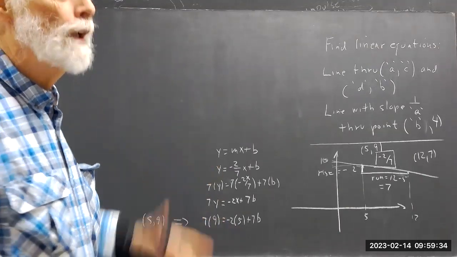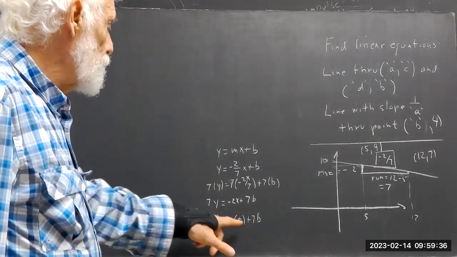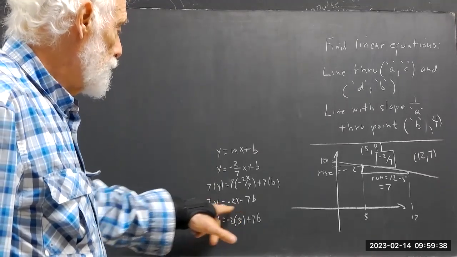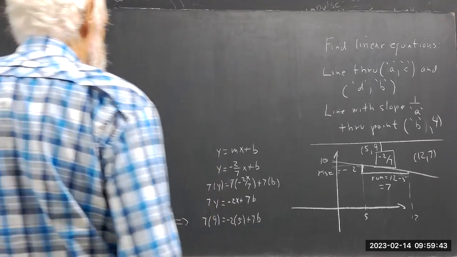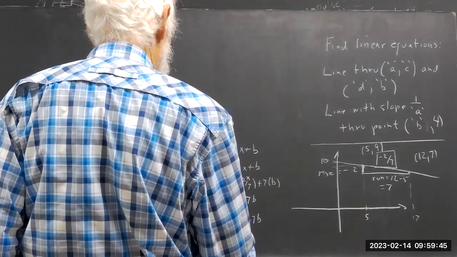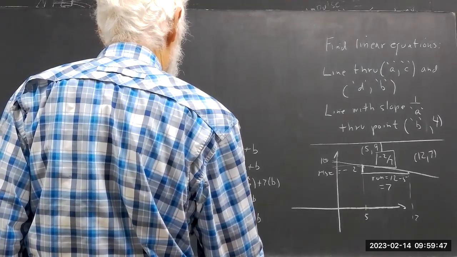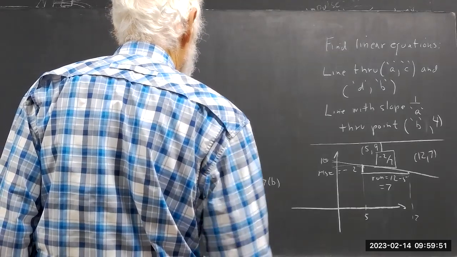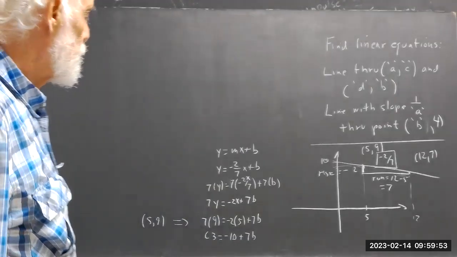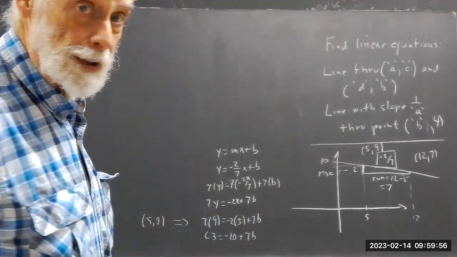We explained that y equals 9 when x equals 5. So we plug in 9 for y and 5 for x, and it gives us 63 equals -10 plus 7b. We add 10 to both sides.